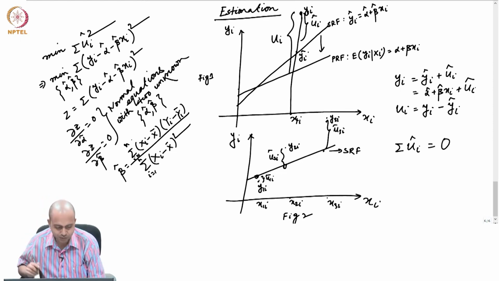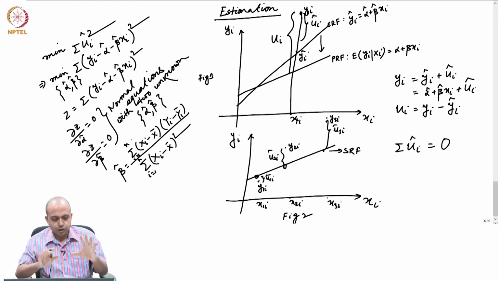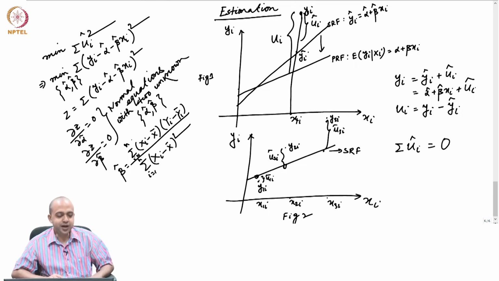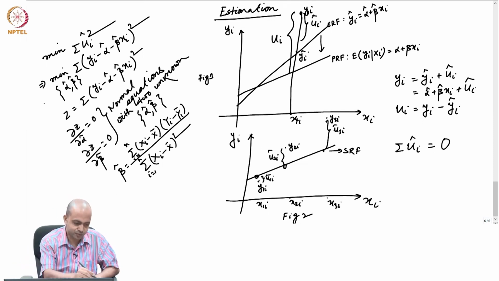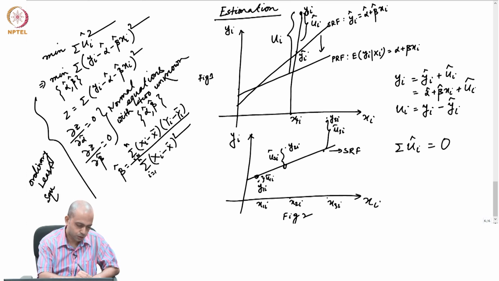All right. So, this particular technique that we have applied here, by minimizing the sum of ui hat square, is known as the ordinary least square technique, or OLS in short.